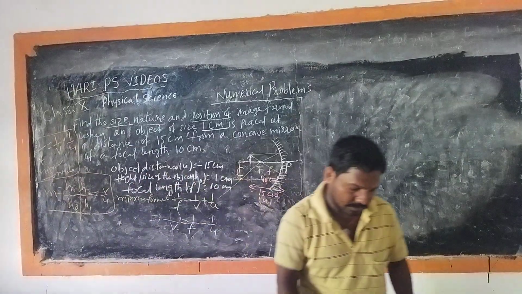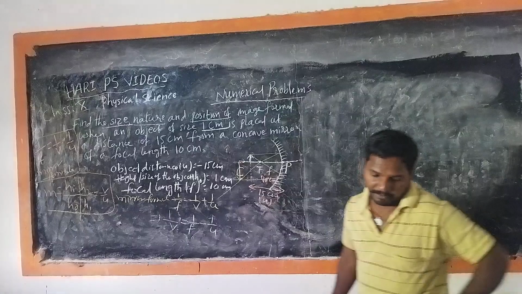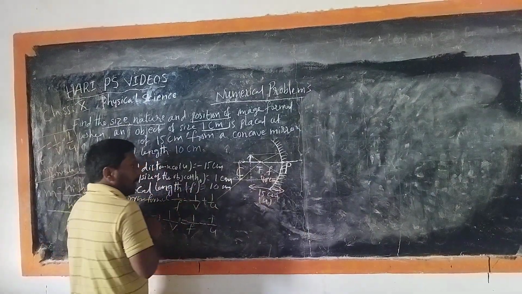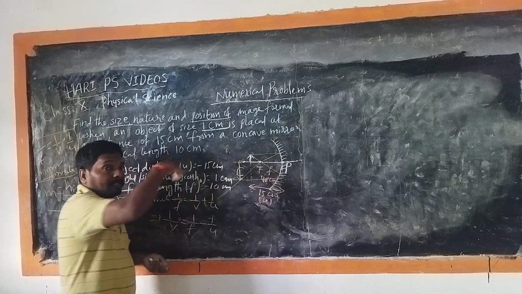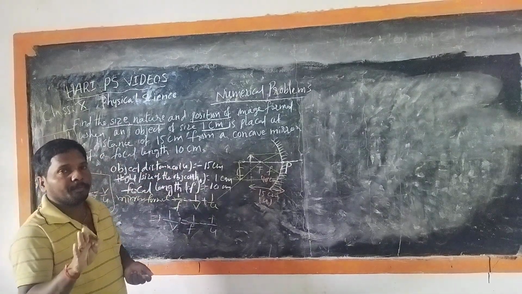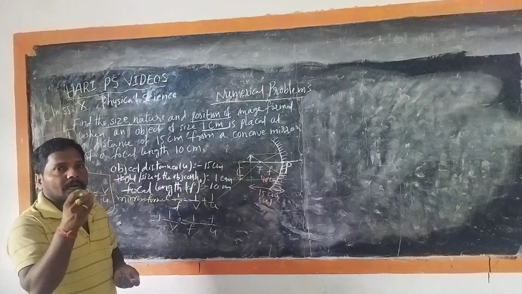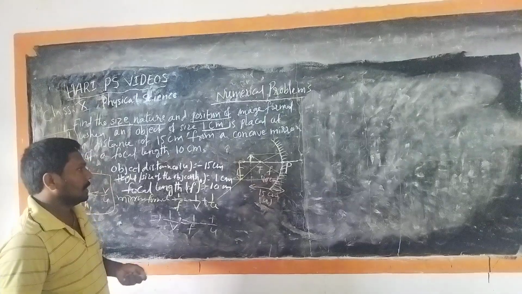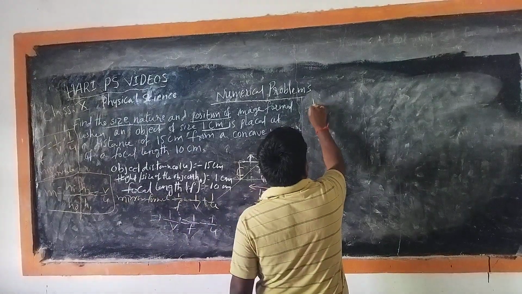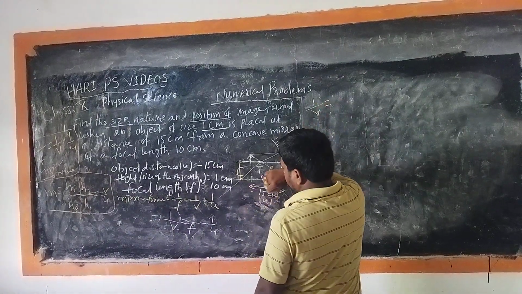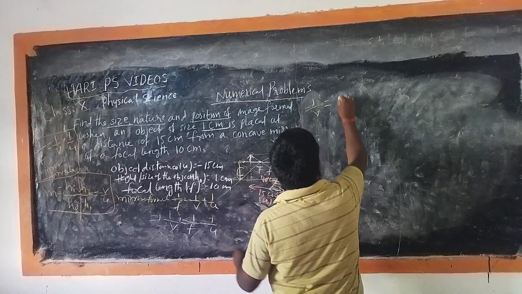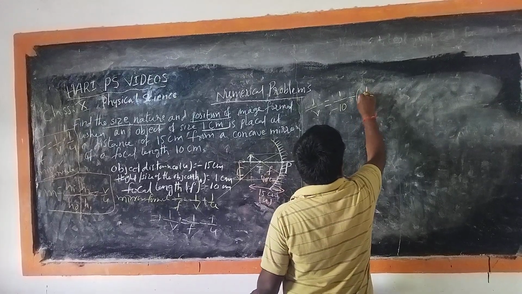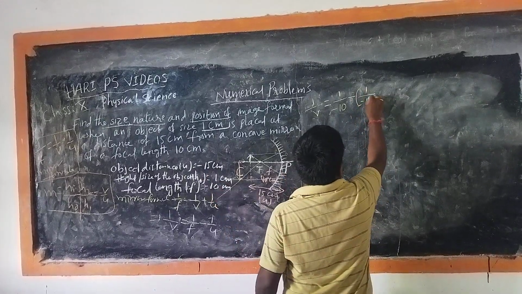Then substitute the values. Here, the focal length should also be taken as minus f. Yesterday we discussed this earlier: for a concave mirror, the focal length, object distance and image distance are always negative. Now substitute the values: 1 by v equals minus 1 by 10 minus of the object distance, minus 1 by 50.